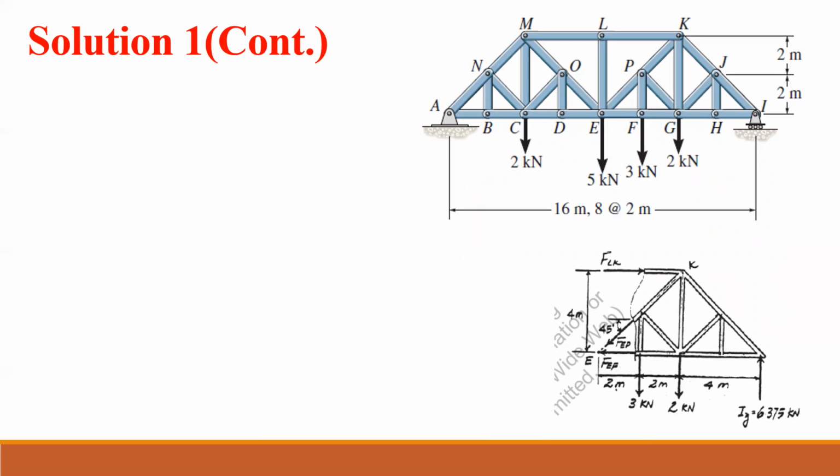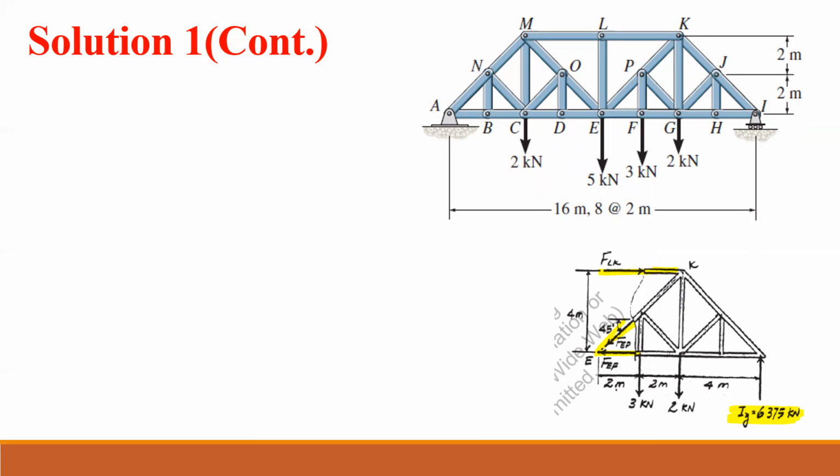Here is the free body diagram for the member I want. I already found the reaction from the previous equation for the entire truss. Now the unknowns I have are the force in EF, the force in EP, and the force in LK.